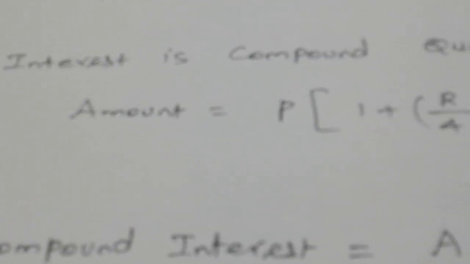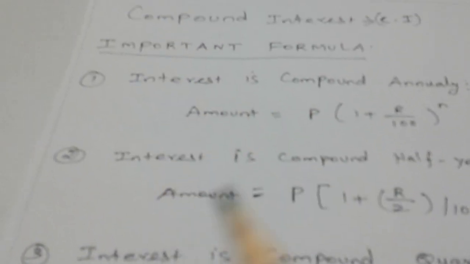The fourth formula is compound interest, which is equal to amount minus principal, or we write compound interest CI as P of 1 plus R divided by 100, power n, minus 1. So these are the formulas involved in compound interest.